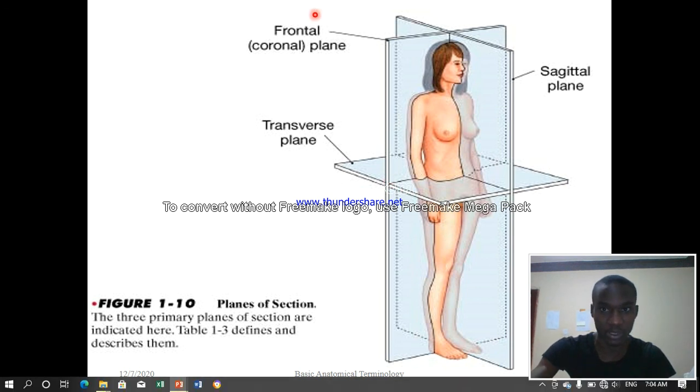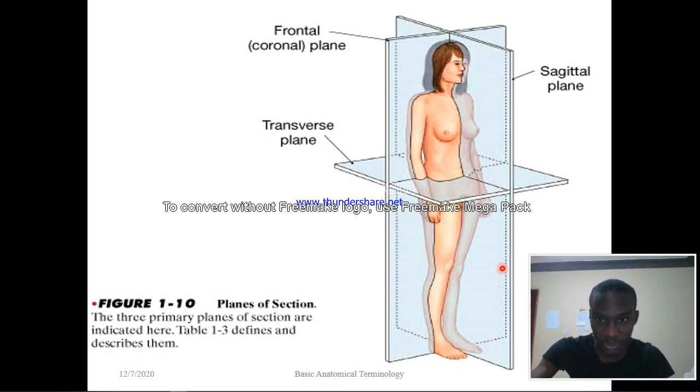So these ones here are planes, the sagittal plane, or you may call it the mid-sagittal plane because it is in the middle of this organism. So this imaginary vertical line cutting across, that is the sagittal plane. Then this imaginary horizontal line, that is the transverse plane of the body.